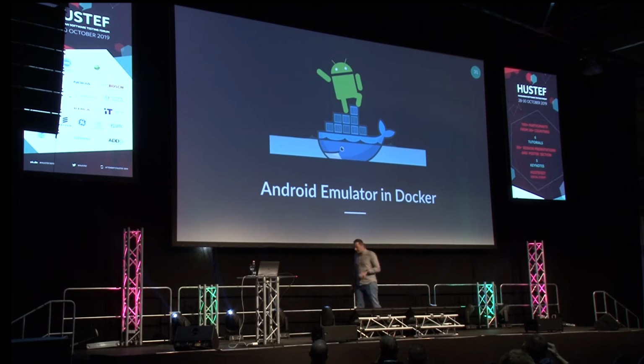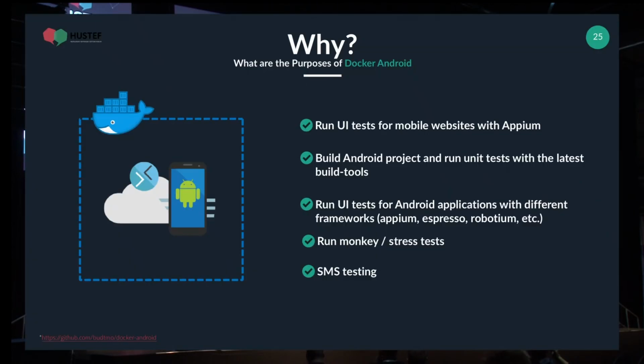So let's talk a bit about emulators. We can also run the emulators inside the Docker container. So why should we do this? Because it runs UI tests for mobile websites with Appium.